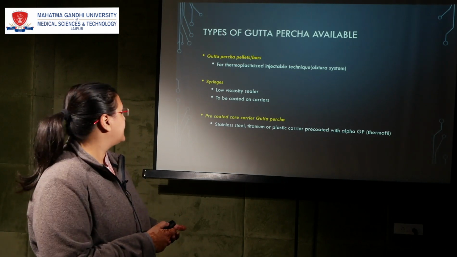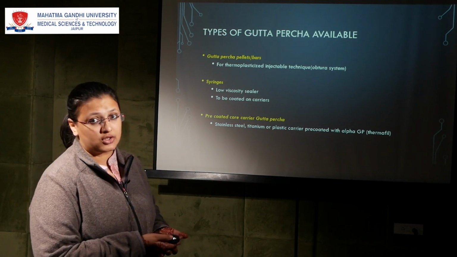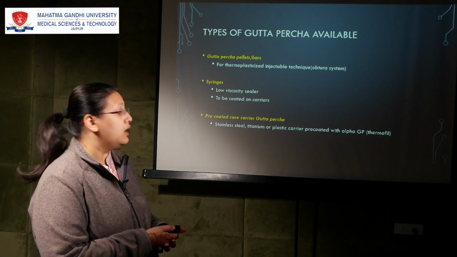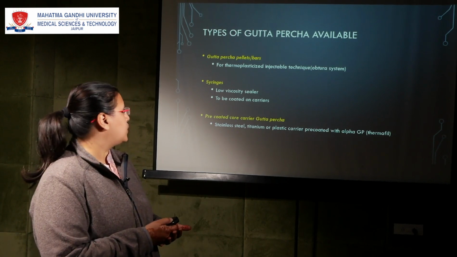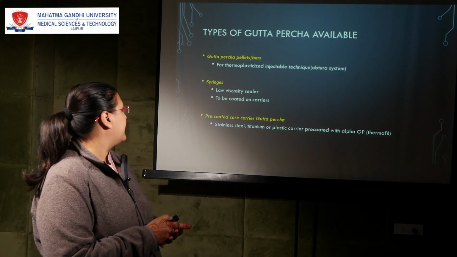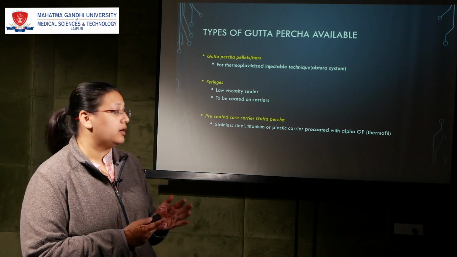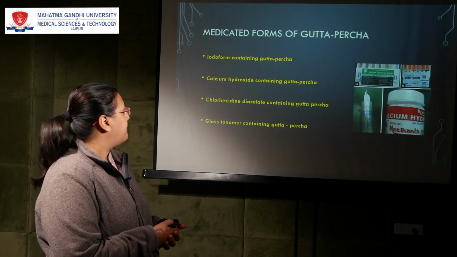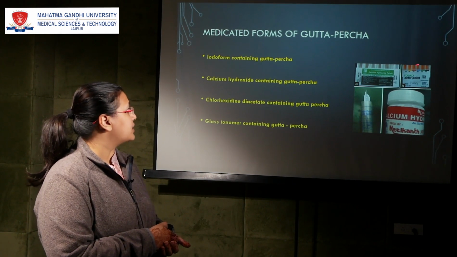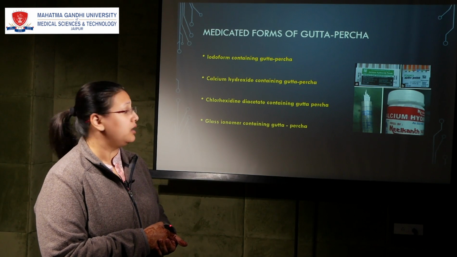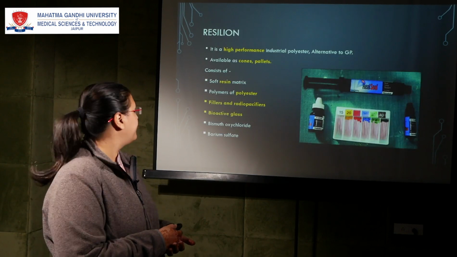They come as pellets or bars for thermoplasticised obturation techniques, as syringes like low viscosity sealers, or to be coated as carriers like thermofill, or pre-coated core carrier guttapercha like for stainless steel, titanium or plastic carrier is coated with alpha guttapercha like thermofill. Medicated forms of guttapercha are also available like iodoform containing guttapercha, calcium hydroxide containing guttapercha, chlorhexidine containing guttapercha and glass ionomer containing guttapercha.